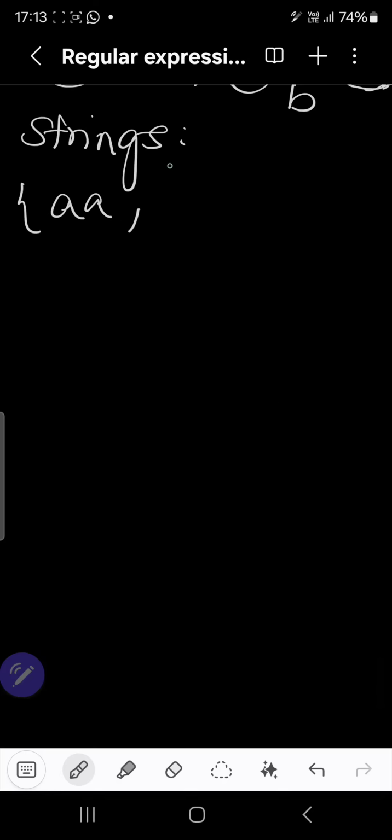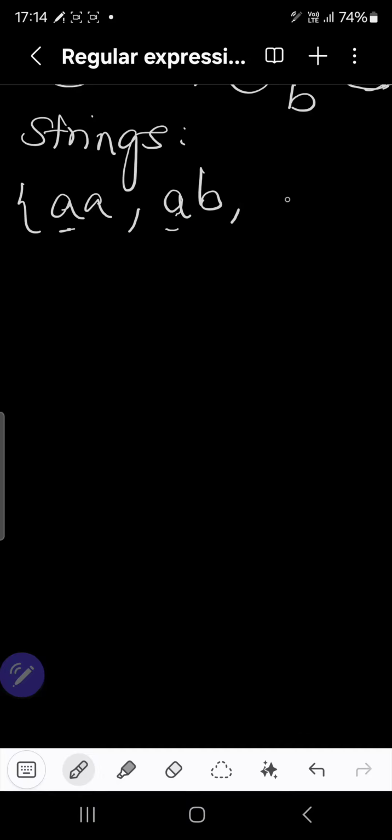Now let's try to write the strings of this language. So the language says the second character from the right is an A. So if we take a minimal string AA, in this the second character from the right is an A. The last character can be either A or B. Another possible minimalistic string is AB, because here also the second character from the right is an A. The last character is a B. So both these strings are minimal strings.